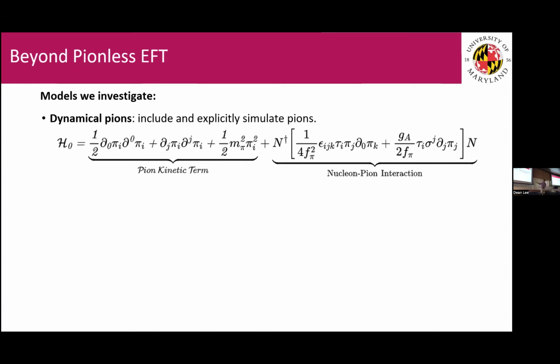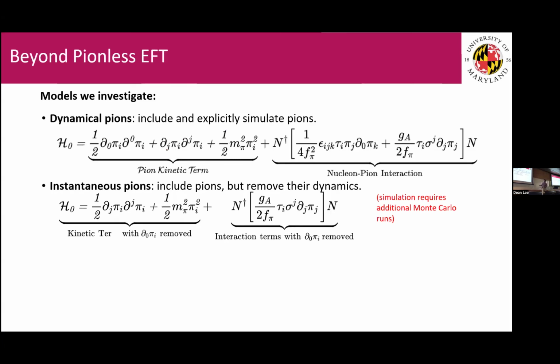We call this the dynamical-pion case. But you can also look at the case where you remove the time component of the derivative and the time component of the interaction, and you only simulate spatial dynamics.